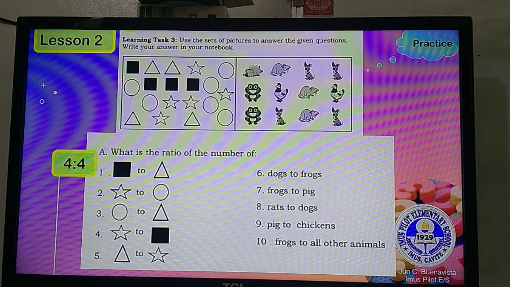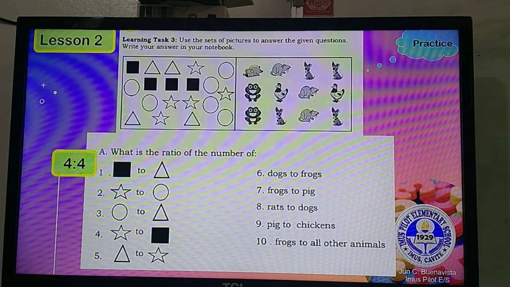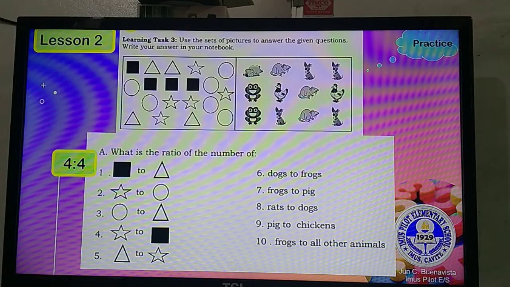Number 2, how many stars do we have? We have 5 stars. And then, how many circles? We have 6 circles. So, the answer is 5 is to 6. Very good. Then, number 3, we have 6 circles and 4 squares.